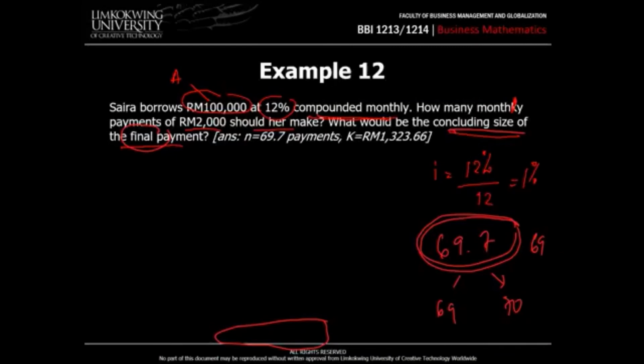How many monthly payments of 2,000? 2,000 here refers to what? The R. Okay, the question wants you to find N. What would be the concluding size of the final payment?